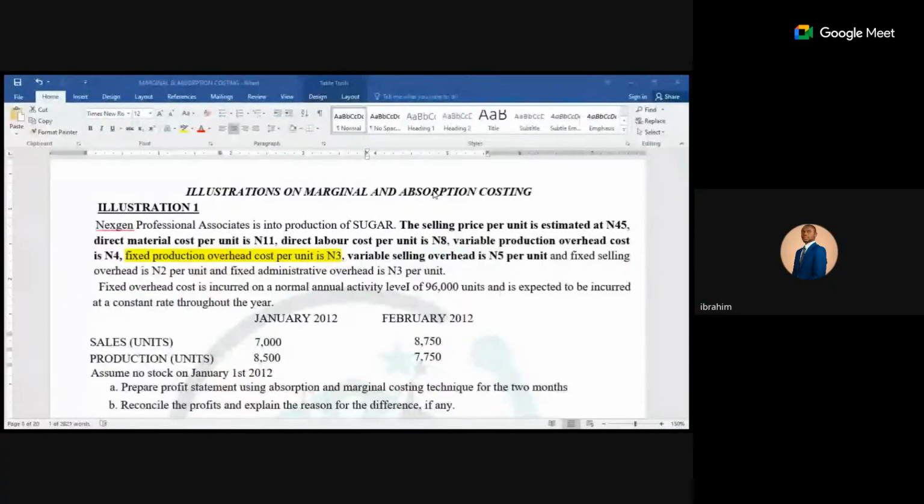You don't need to bring in fixed production overhead, because fixed production overhead is a budgeted overhead and you've used it to determine your over and under absorption.